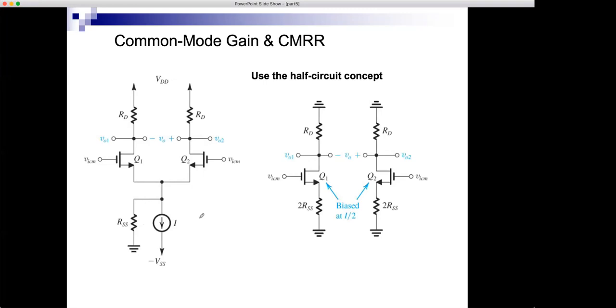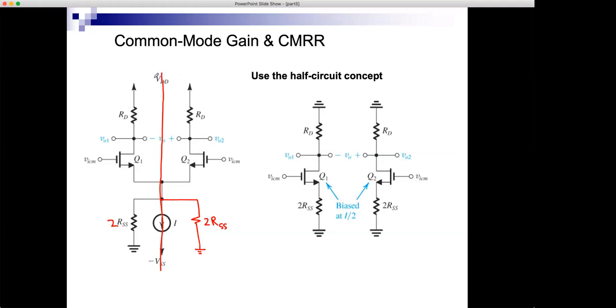I will apply the half circuit concept again. Can I do that? Well, look at the circuit, and if you draw a line in the middle, you will see that this RSS is like having two resistors equal to 2 RSS in parallel, and then the circuit will be symmetrical.